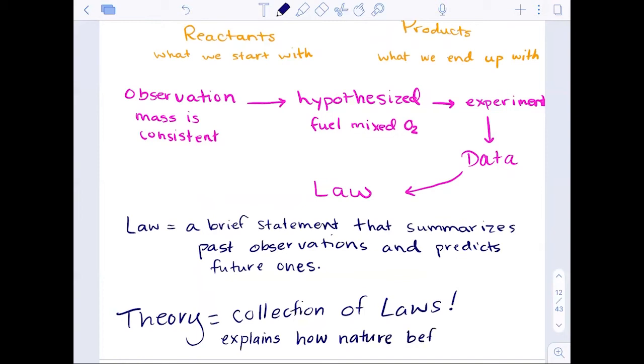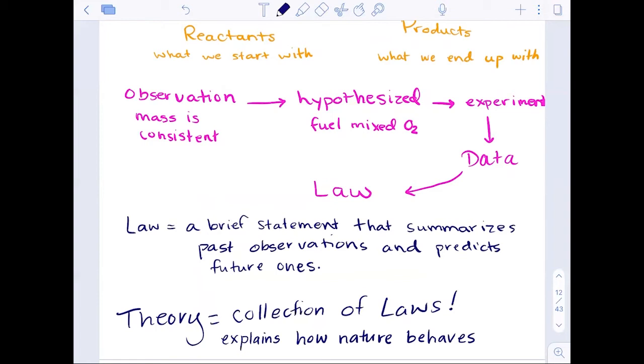Notice in the law of conservation of mass, it just says this is what's going to happen. It doesn't tell you how. It doesn't tell you why. It just says this is what's going to happen. It's a statement that summarizes the observation.